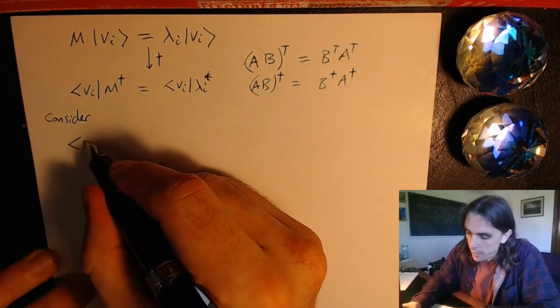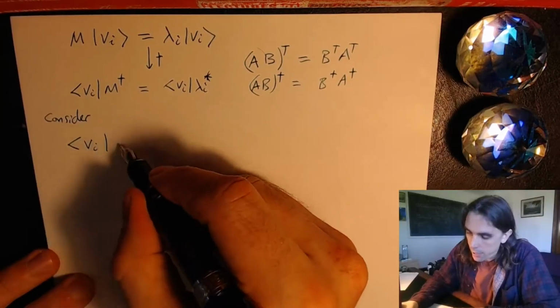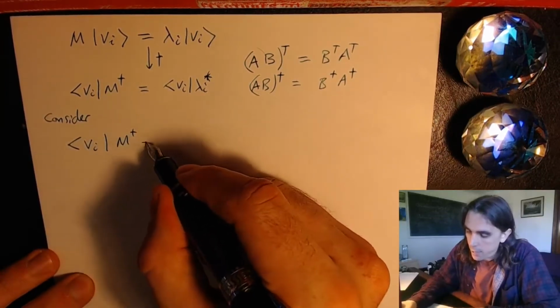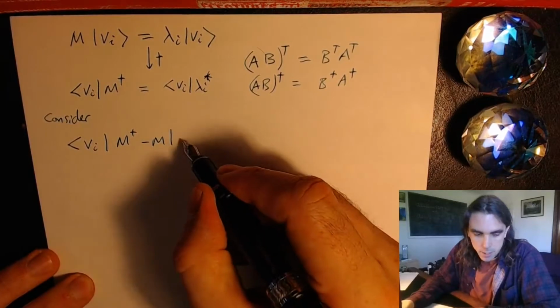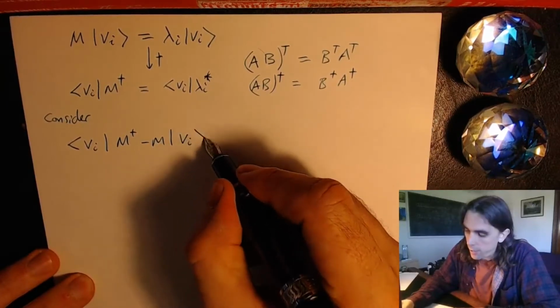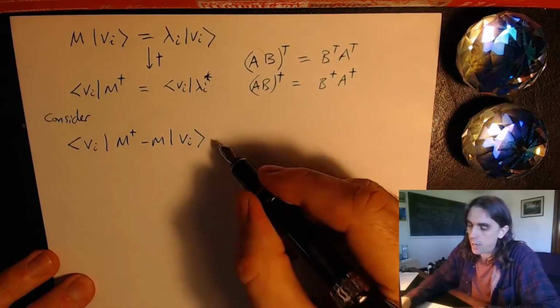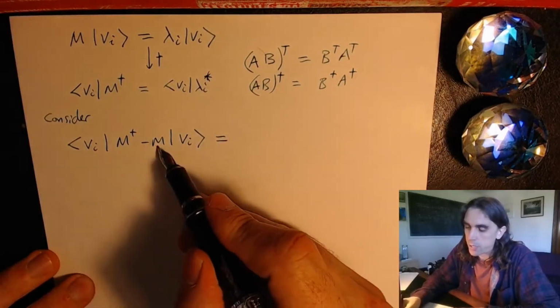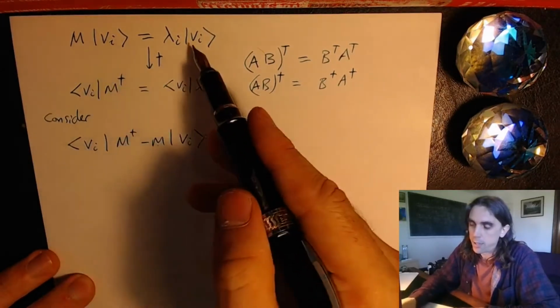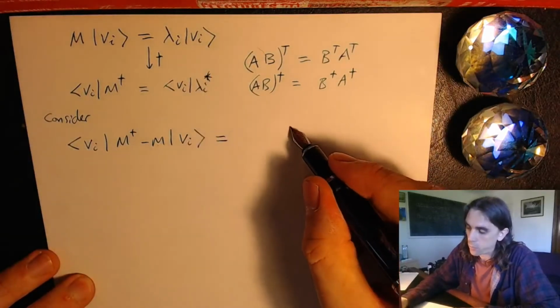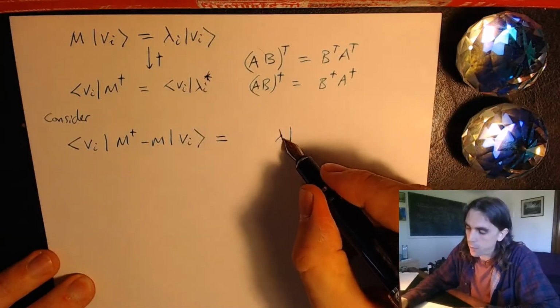Let's take v_i dagger (M dagger minus M) v_i. Okay, so this object must equal, well, we know that M acting on v_i is just lambda_i v_i. So we can turn this M into a lambda_i.